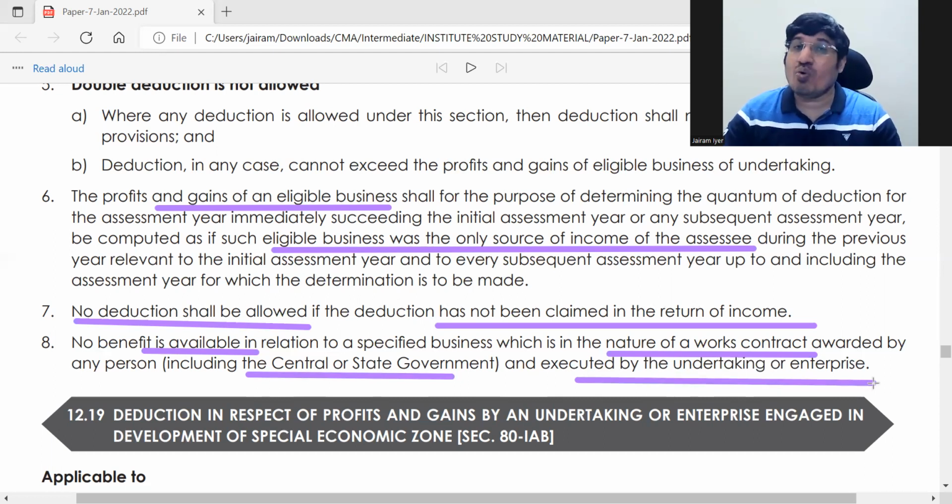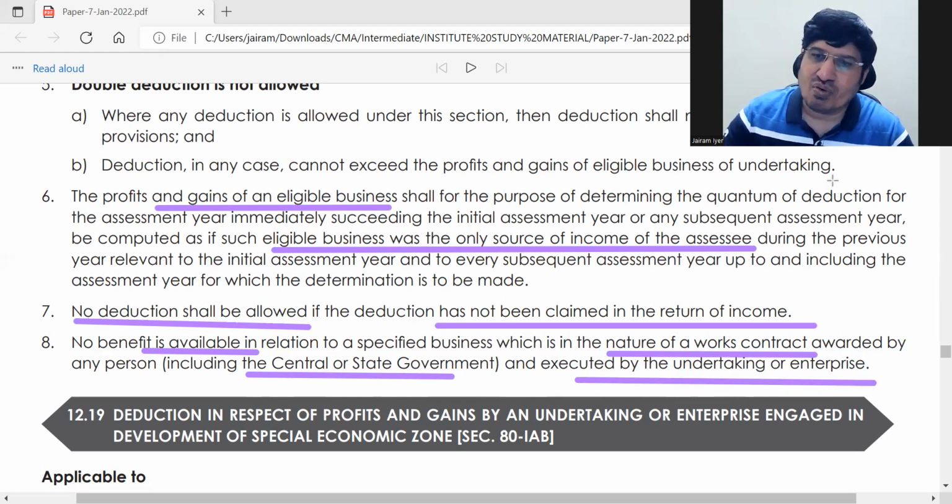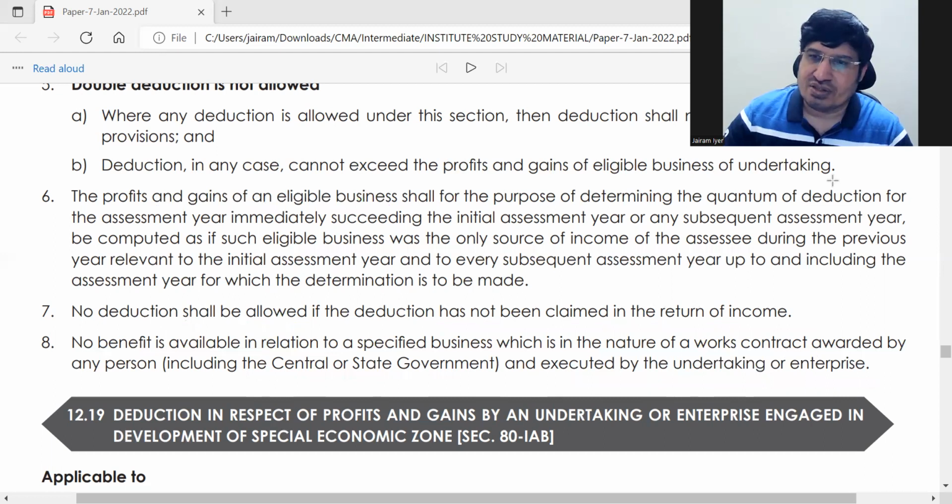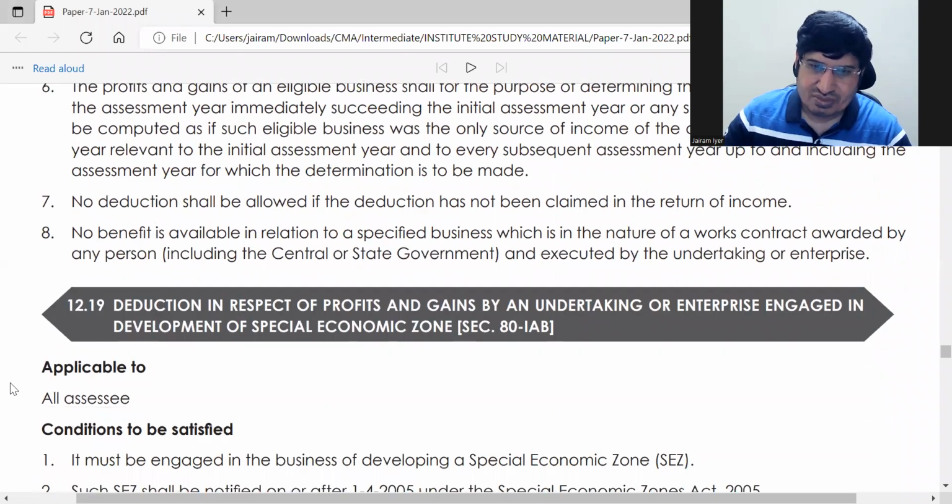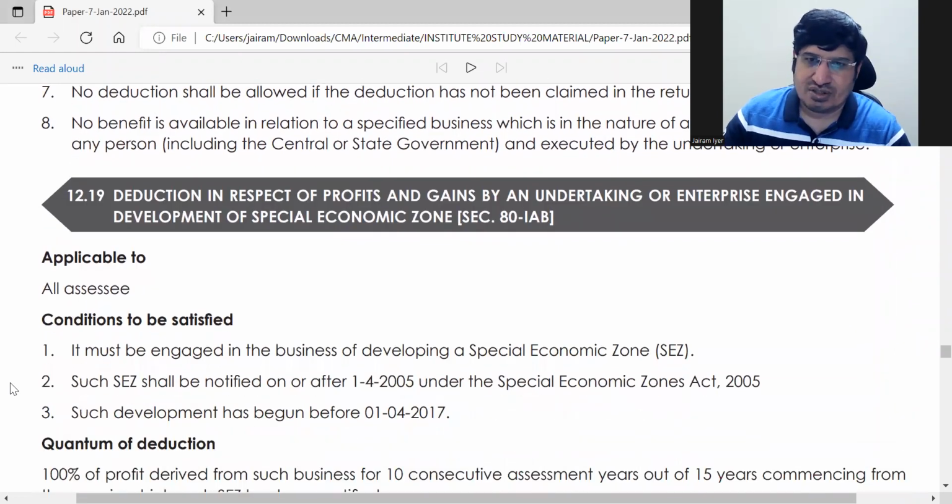Okay, you should be the owner of the contract. Okay, should not have got a part as works contract. Okay, so you have to be the owner of the contract. Chalo.